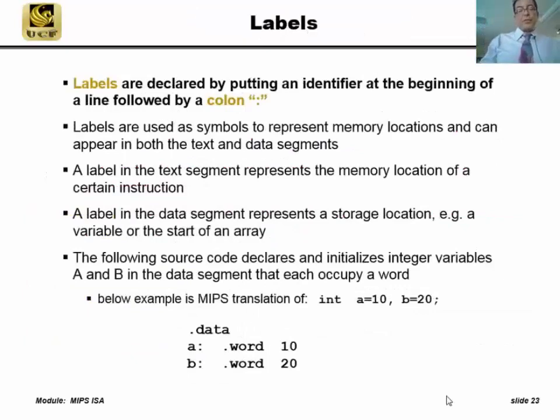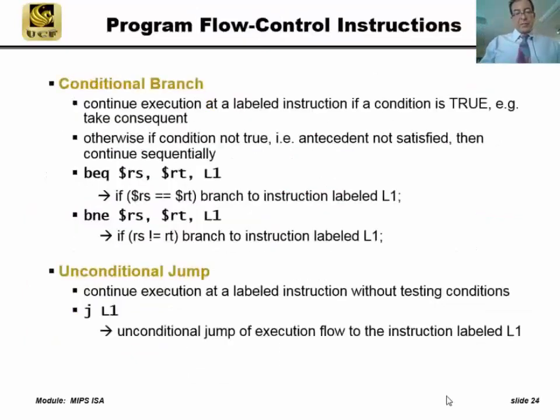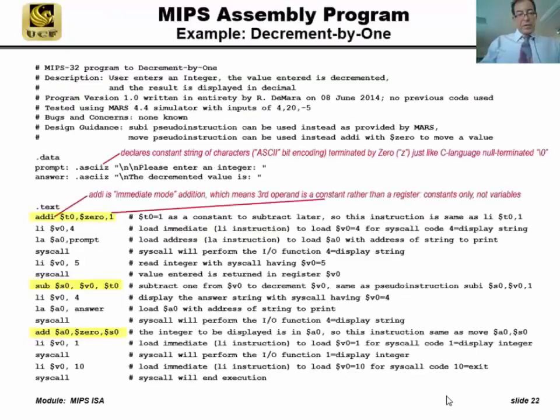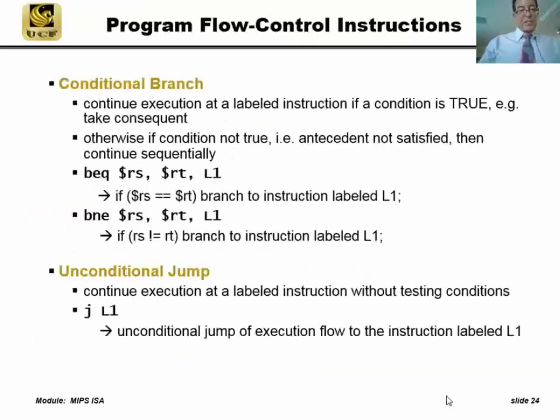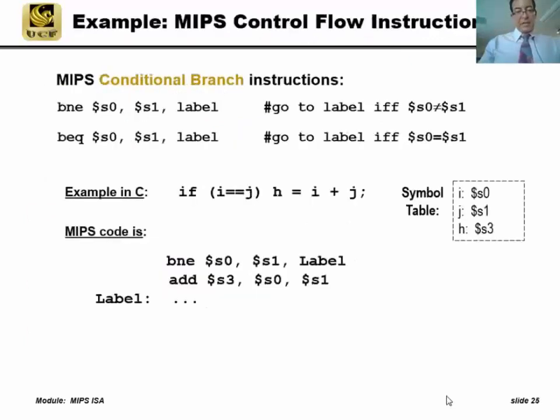So labels refer to an address. Labels can refer to an address in the data segment, which is a variable or a constant, or it can refer to an instruction, which we'll see. We need to use that to branch, to tell where we want to branch to. We'll come back to this.